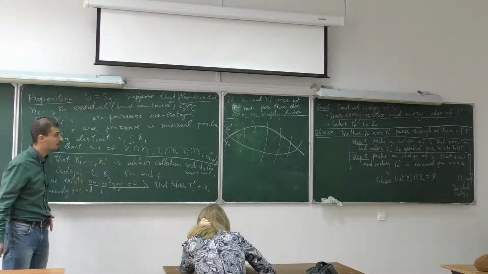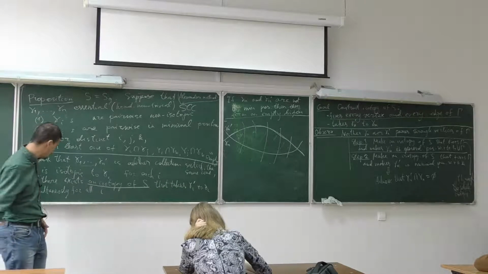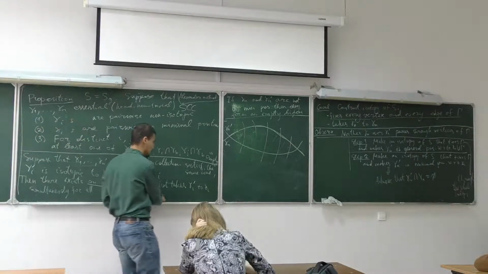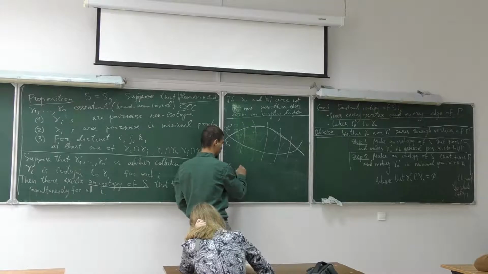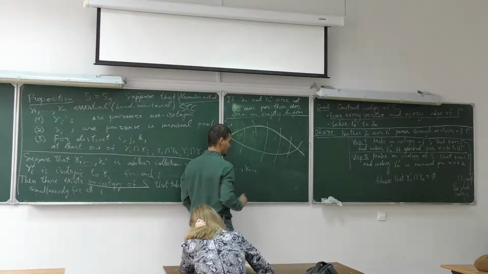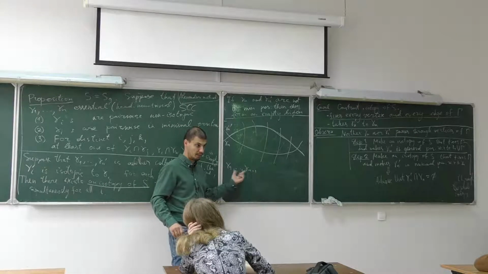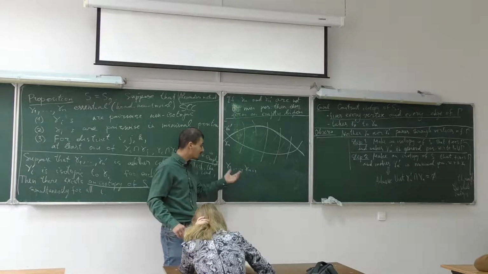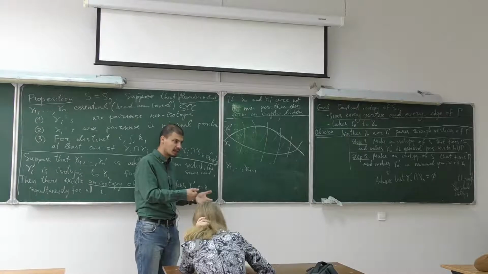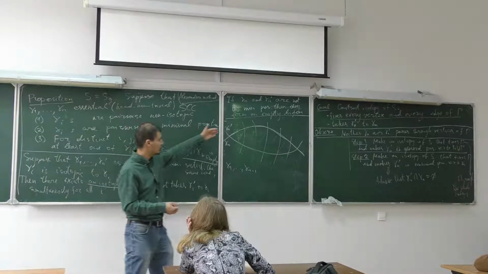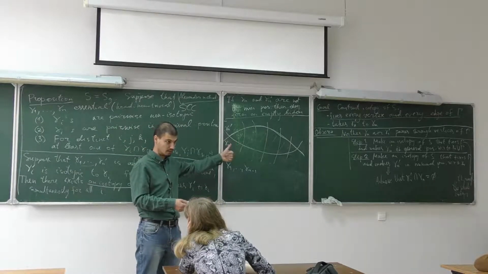Why is this so? Okay, look at all gamma i's with indices smaller than n, gamma 1, gamma n minus 1 and so on. Some of them may intersect gamma n, and some of them do not intersect.